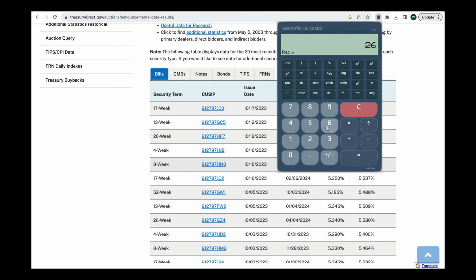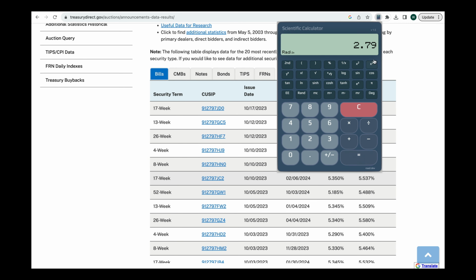Let's do one more super quick example with, say, the 26-week T-bill. So 26 weeks divided by 52 in the whole year gives us 0.5. We multiply that times the 5.580%, and we get this number. It's going to return 2.79%.